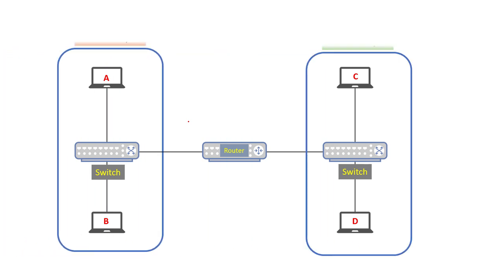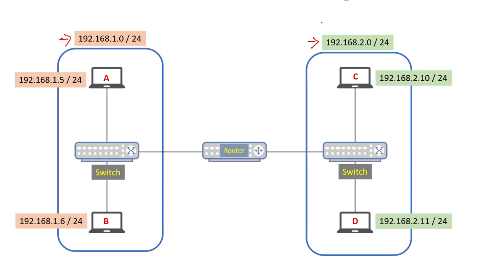These are two different networks: one network is identified by 192.168.1.0 and the second is 192.168.2.0, and we have these IPs given to different devices. Now we have two interfaces. This is an interface, this is a gateway. This is the default gateway for network 1.0. And this one is the interface from which the 2.0 network is connected.